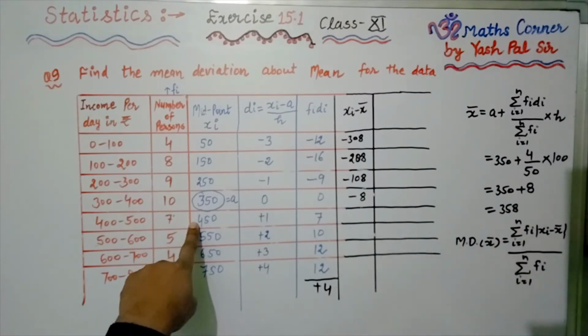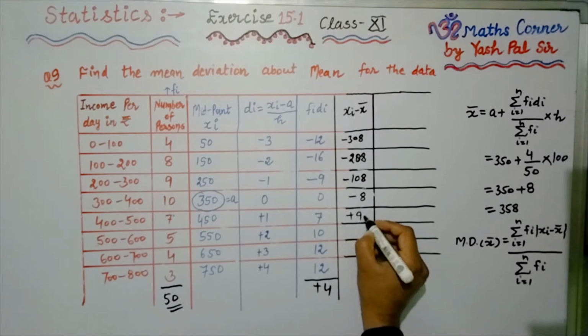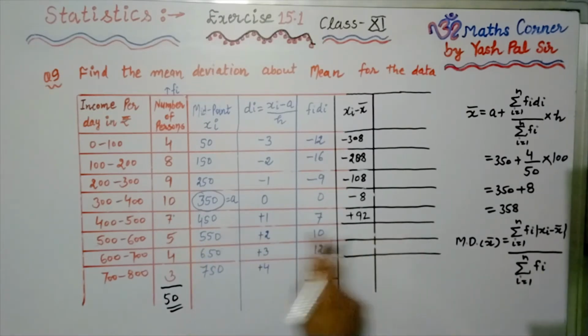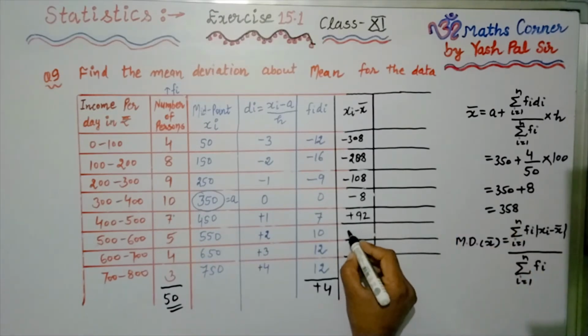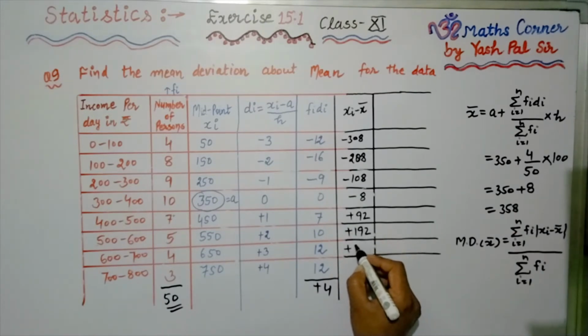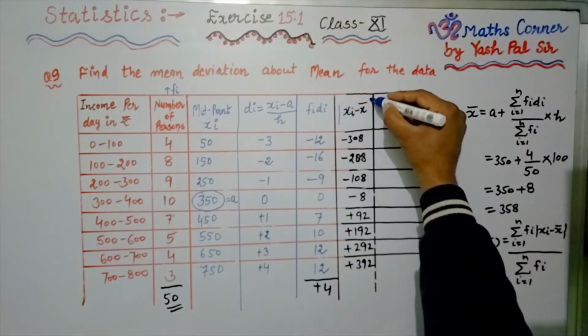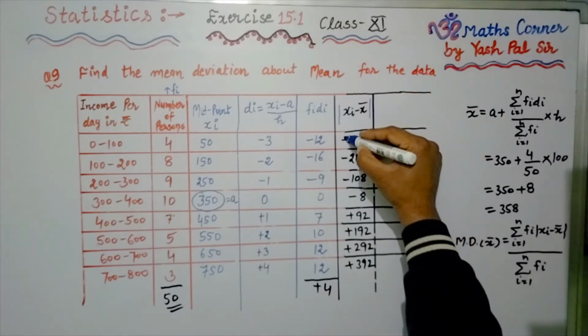Next is 450 minus 358, this is plus 92. 550 minus 358 is plus 192. This is 292. This is 392. Right?